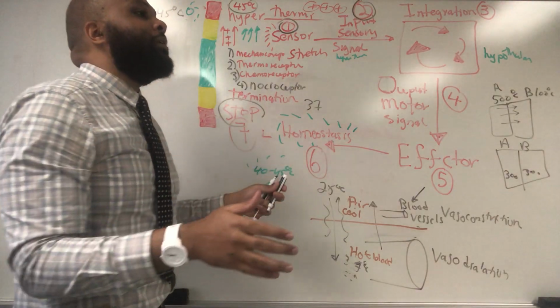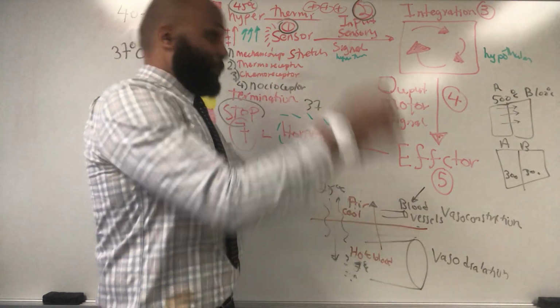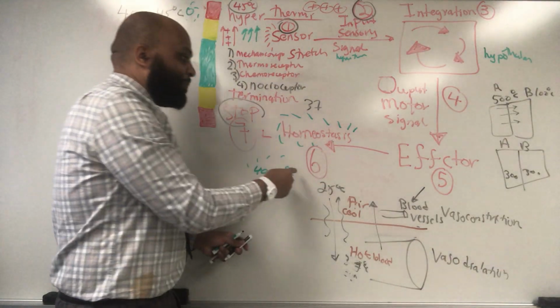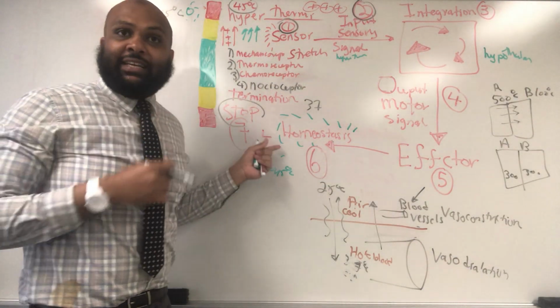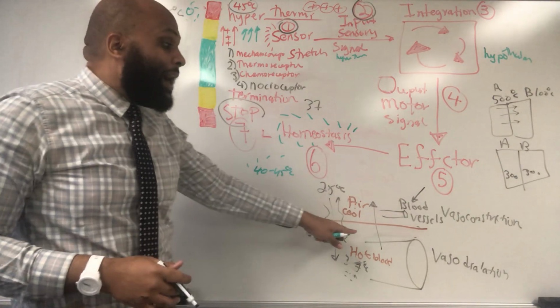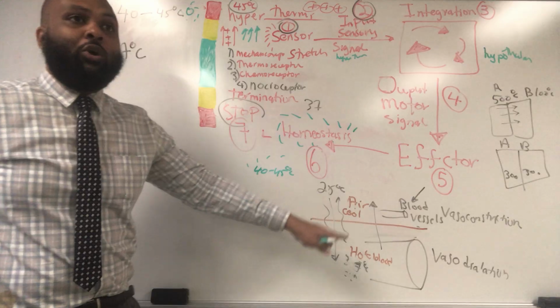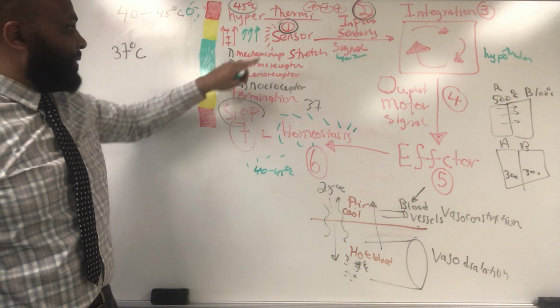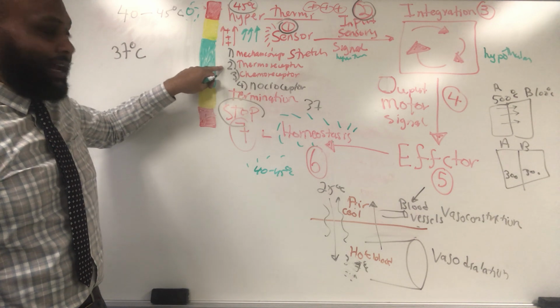When you're doing the Google map and you arrived at your home, do you stop or do you keep going into the garage? So you gotta stop. That's why some people have a disease. They cannot stop. So this is gonna keep on and on. What happens when the vasodilation goes on and on and on? Now we're gonna go from 45 down to 37, and now what's gonna happen?